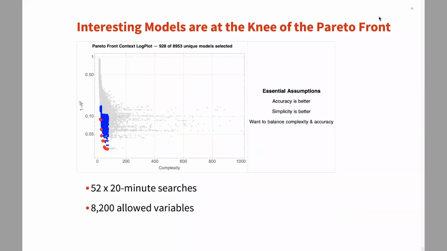So what this is here is a snapshot of the metabolite data. So we've got 8,000 variables, and if I look at the models that are developed, I mean, this is not something any statistician would propose as a model, right?